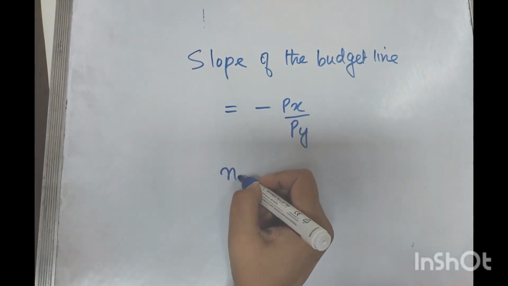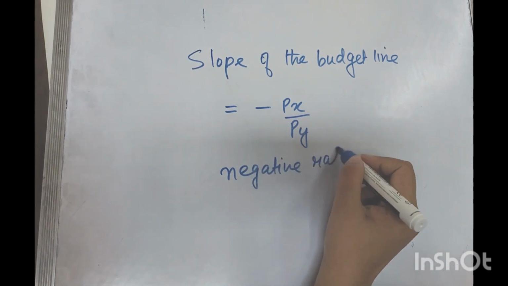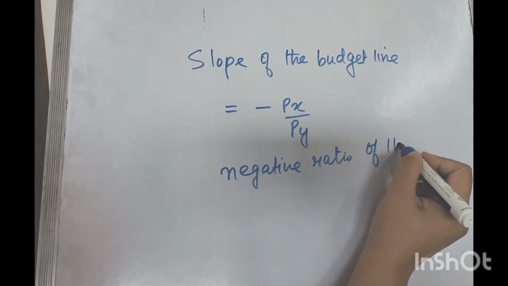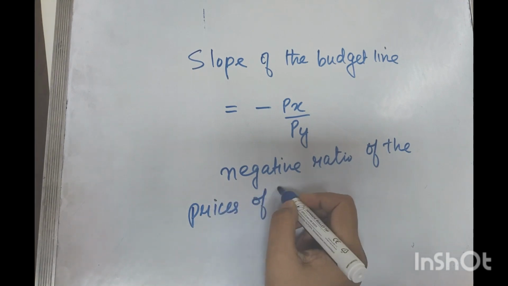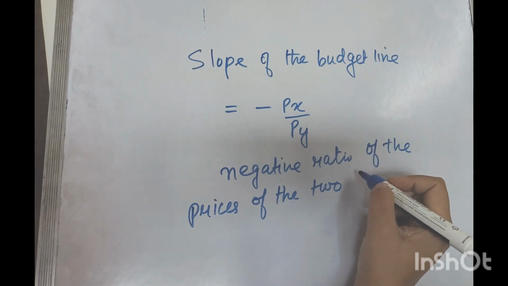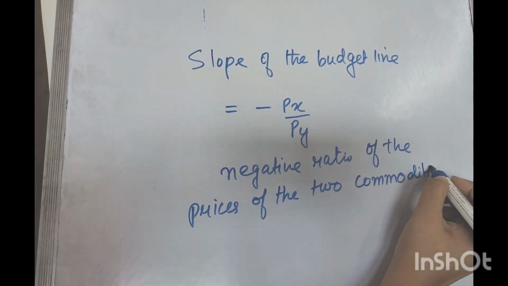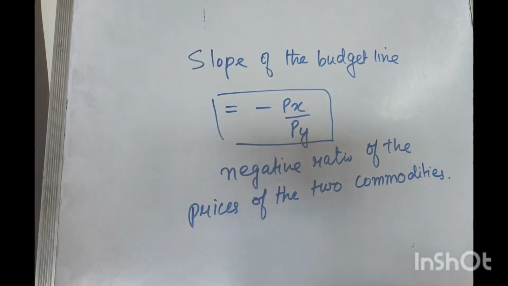It is the negative ratio of the prices of the two commodities. This is the slope of the budget line.